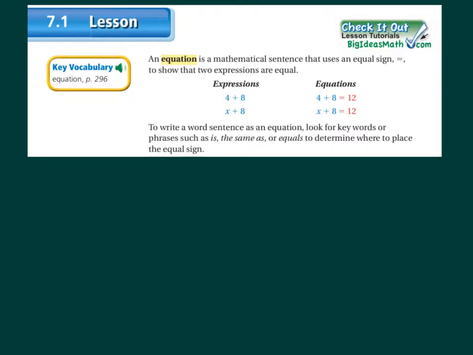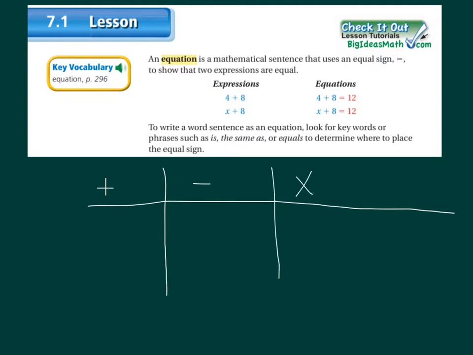What I'd like you guys to do is start this chapter by creating a note table for yourself. And the best way to do it is just to take all the operations that we know, so add, subtract, multiply, and divide, and start the chapter by putting this at the top of some notes.